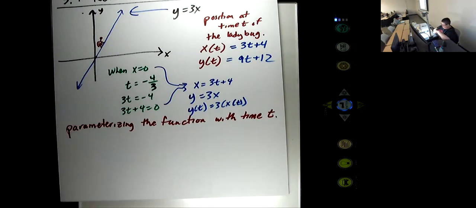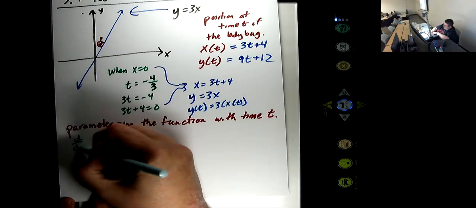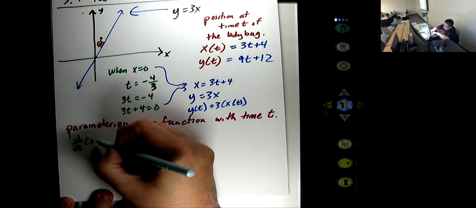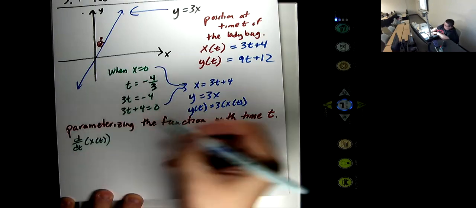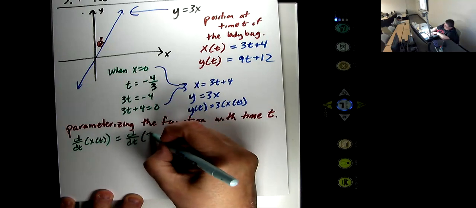Well, I've got x of t and y of t up there. What if I do d dt of x of t? I have the time derivative of 3t plus 4.